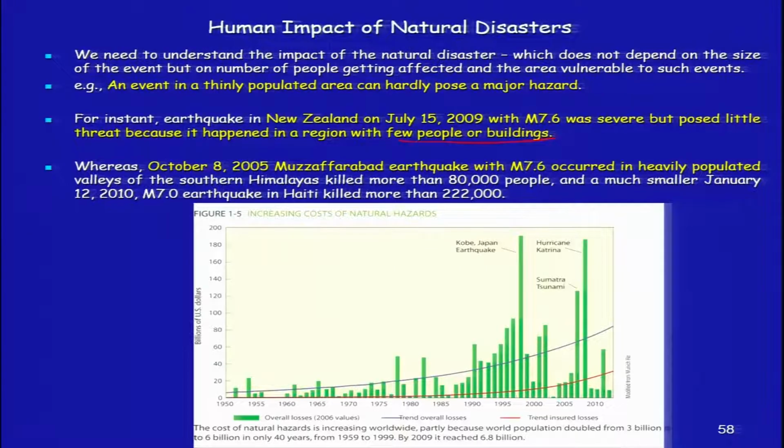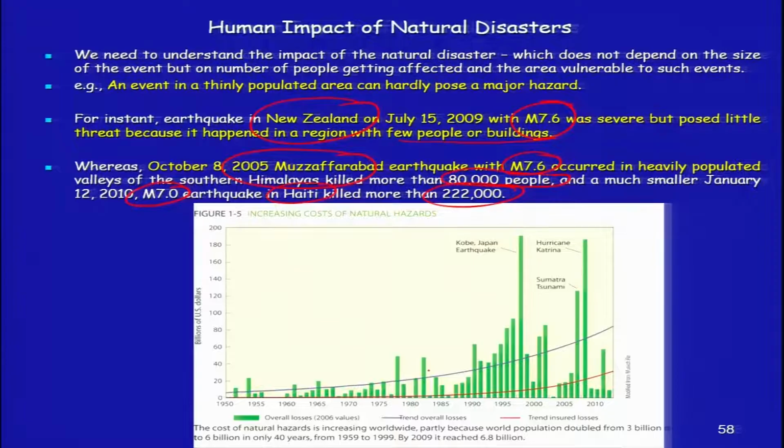Irrespective of the magnitude, this is what we have learned here: in New Zealand at a magnitude of 7.6, very few people were affected. In the October 8 Muzaffarabad earthquake, magnitude 7.6, 80,000 people were killed. In Haiti, a 7 magnitude earthquake, more than 2 lakh people were killed.